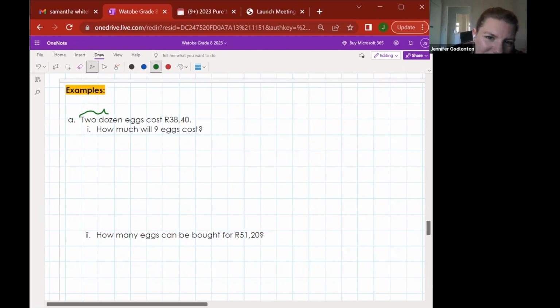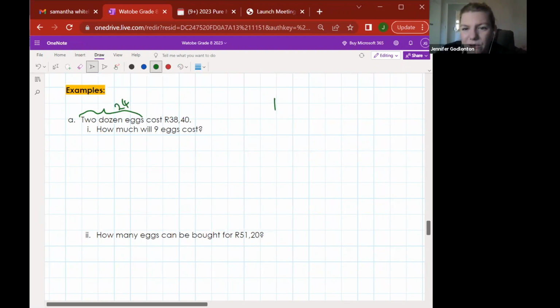So 2 dozen eggs is 24. If you ever need to know, 1 dozen is equal to 12. So if it says 2 dozen, it's saying there's 24. So this is saying 24 eggs cost 38 Rand and 40 cents. How much will 9 eggs cost? That's the first question.